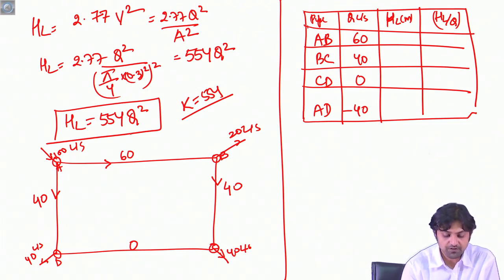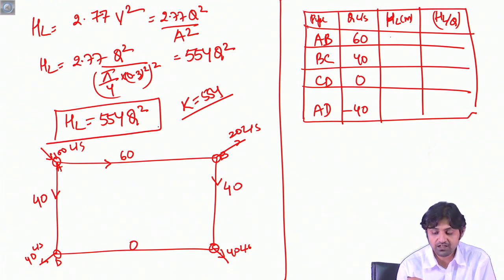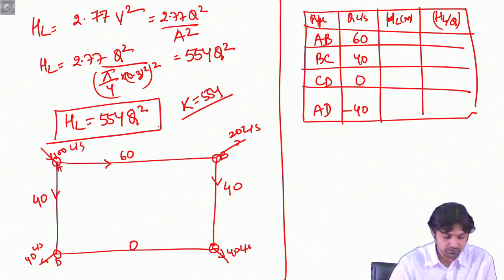Using 554 Q square and converting it into meter cube per second, because it's given in liters, the head loss is going to be, 554 into 60 whole square divided by 1000 whole square, it will come out to be 2.0, and this will come out to be 0.886.